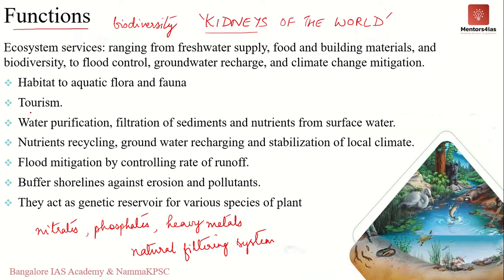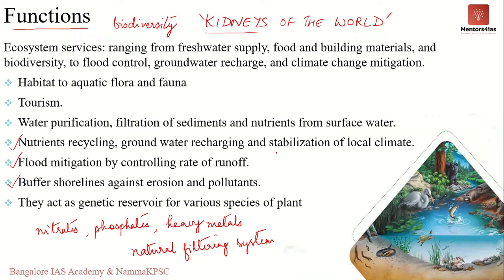You can have nutrient cycling, flood mitigation, maintenance of stream flow, groundwater recharging, control of runoff in urban areas, buffering shorelines against erosion, and stabilization of local climate.